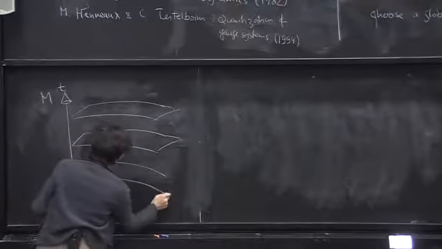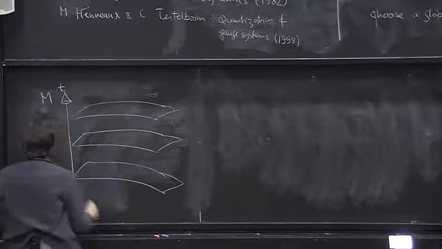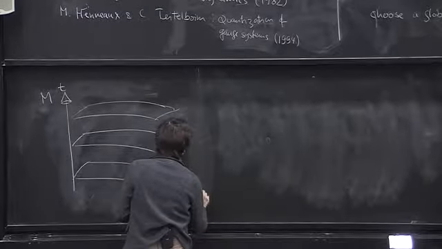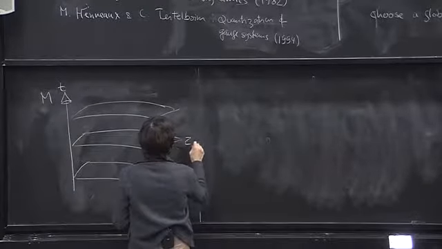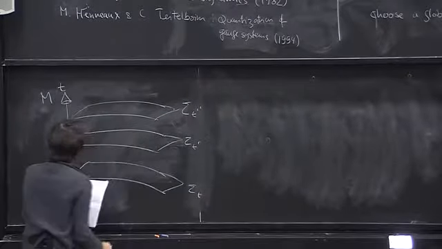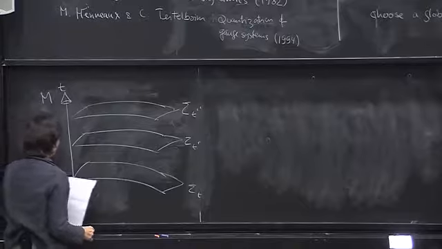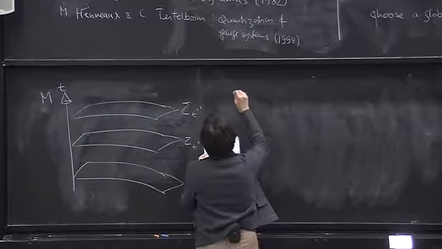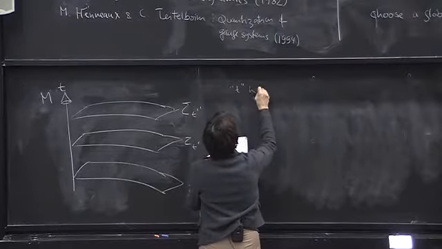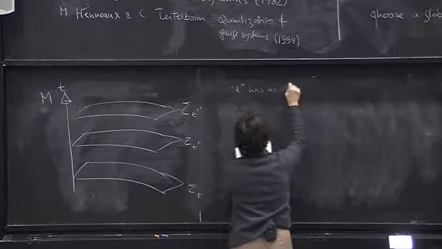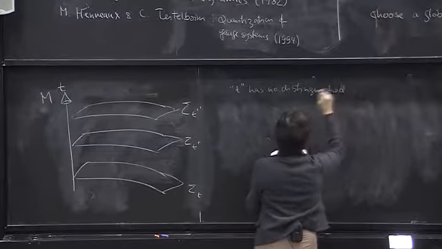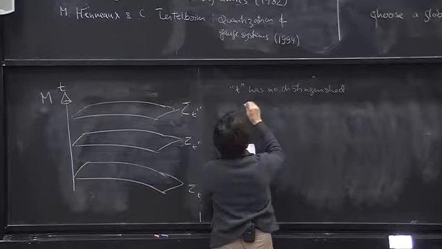There's one for every moment, but I just draw a few. So this is Σ at time t, Σ at time t', Σ at time t''. As I said, t at this stage has no distinguished physical meaning. It's not implied by this construction.